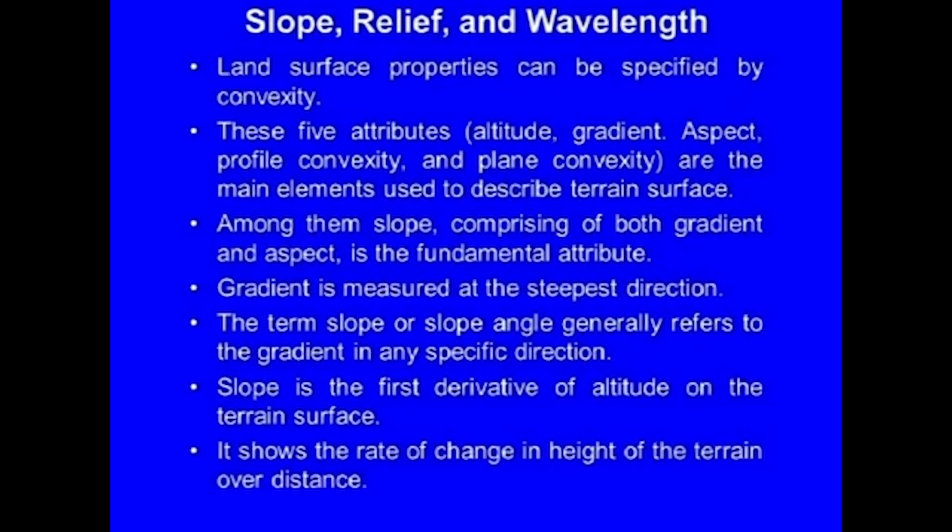Gradient is measured at the steepest direction. The term slope or slope angle generally refers to the gradient at any specific direction. Slope is the first derivative of altitude on the terrain surface. It shows the rate of change in height of the terrain over a given distance.